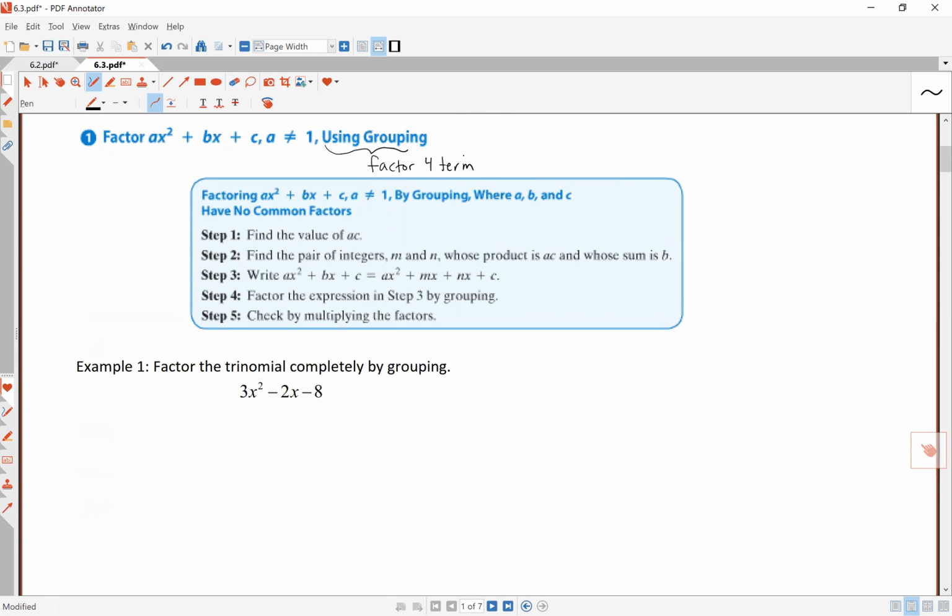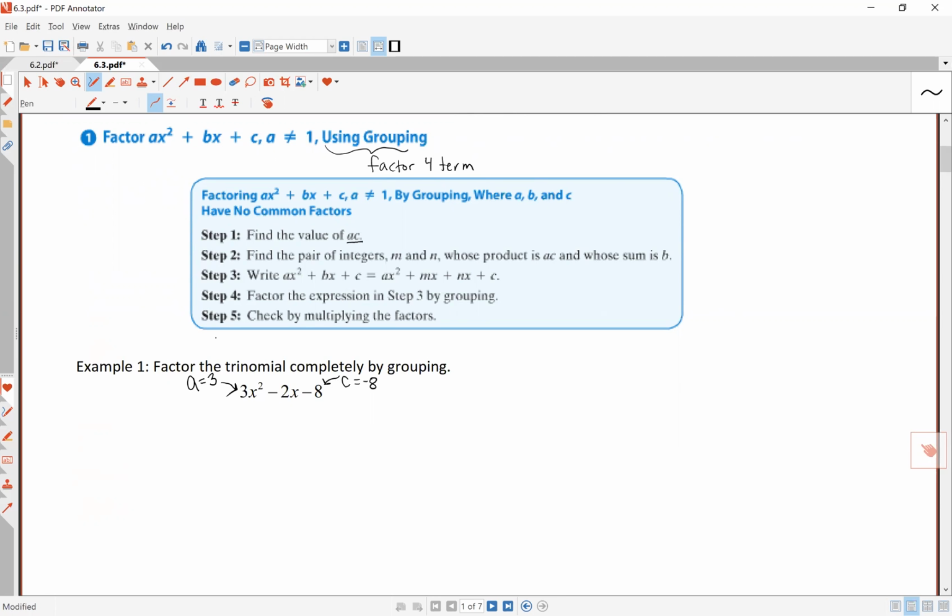Example 1: factor the trinomial completely by grouping. The method that we use is called the AC method. In section 6.2, when we factored trinomials whose leading coefficient was 1, we only looked at the C value. And in those problems, the A was always equal to 1.